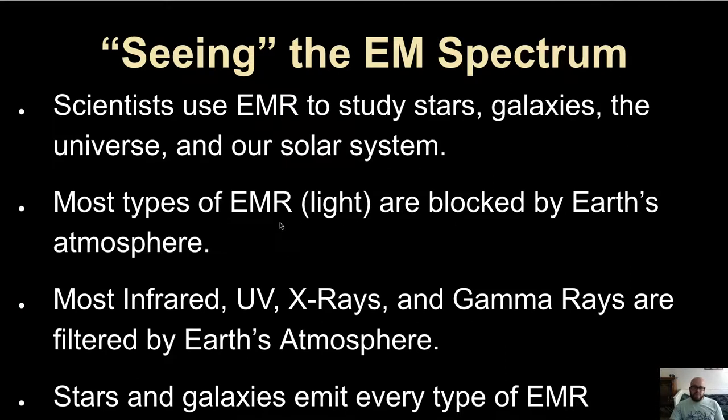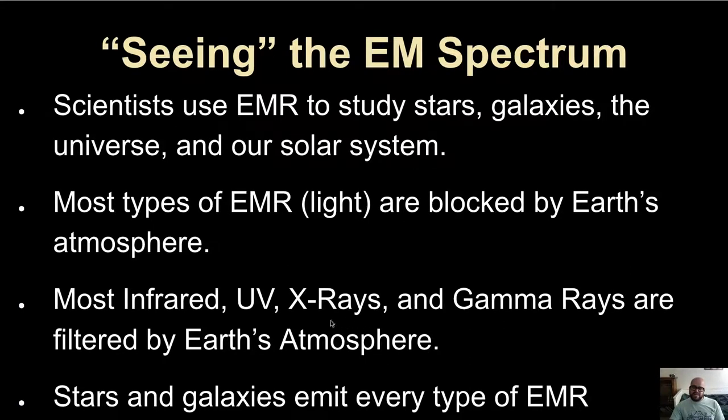And making it more tricky is that lots of EMR is blocked by Earth's atmosphere, which is really great for you and me and other living things because UV, X-rays, and gamma rays can be very damaging to us, and so the Earth's atmosphere blocks them out, making it safer for us to live here on Earth.